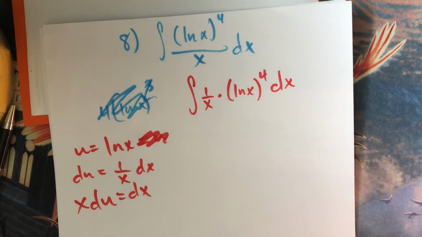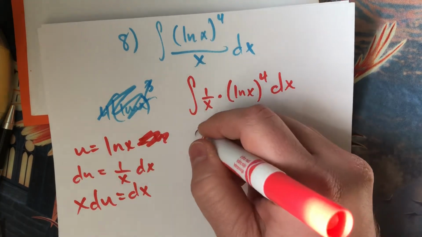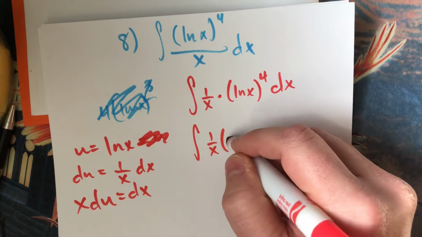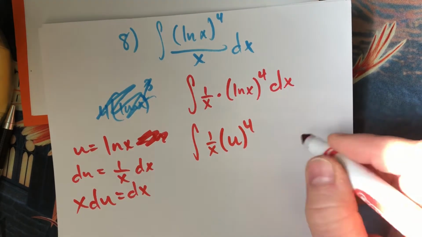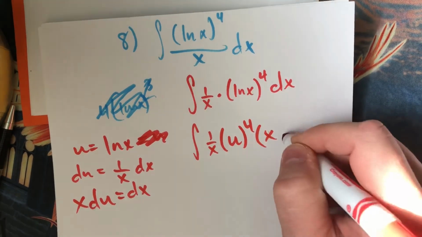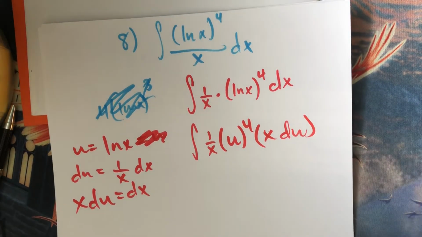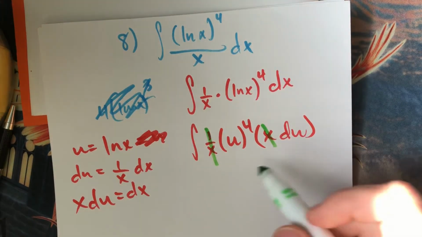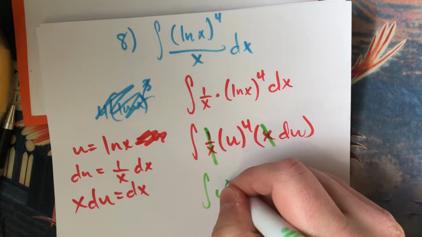And it's great. This is really, really nice. Because now we get 1 over x u to the 4th. Why did I put that in parentheses? And then dx turns into x du. And lo and behold, they're gone. It's u to the 4th du.